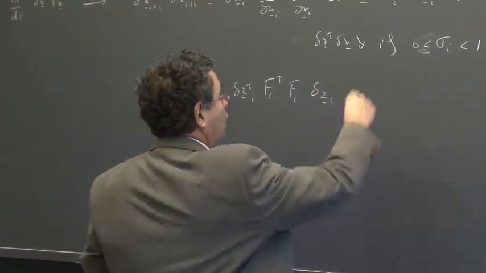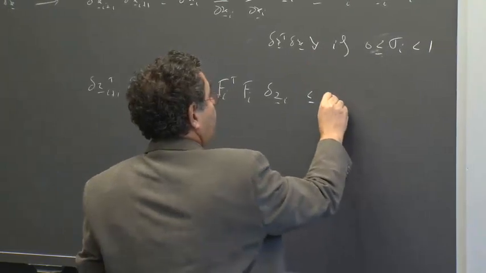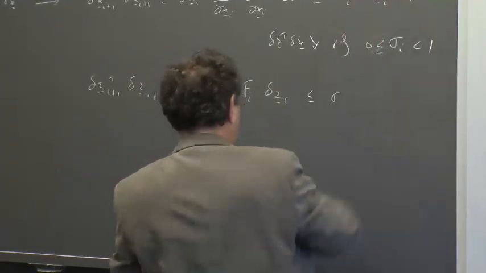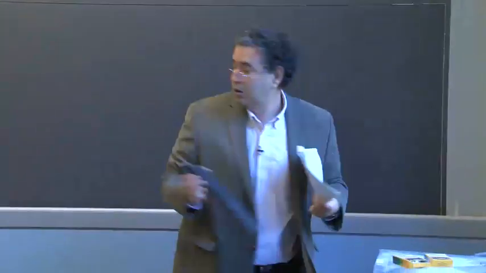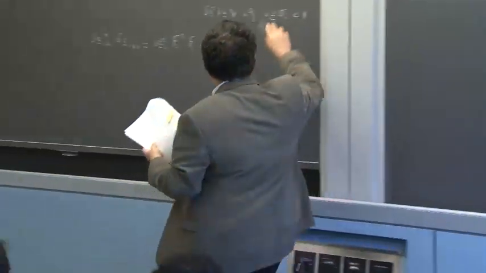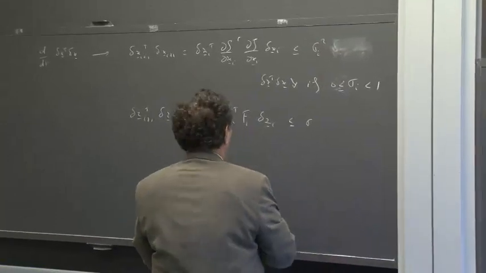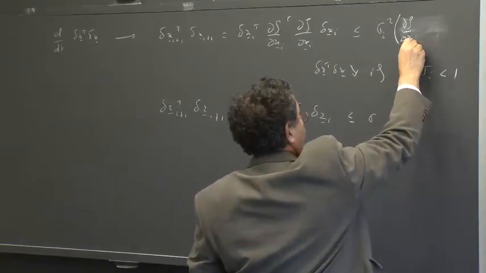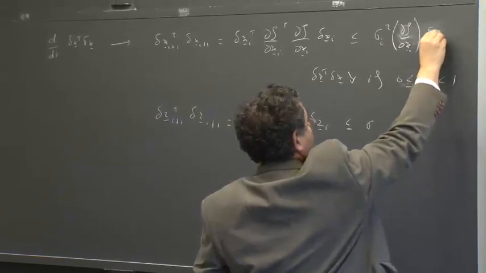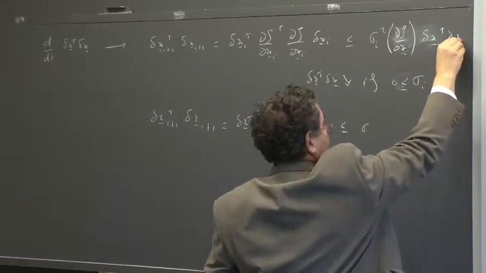And this will be less than some sigma I square. So maybe to be consistent, let me call this sigma I square of df over dxi times delta xi transpose delta x.